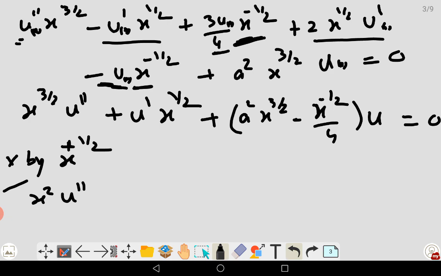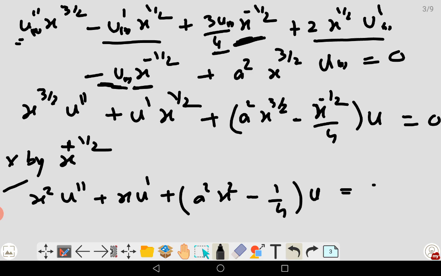Yes, multiply by x power 1 by 2. First term will be 3 by 2 plus 1 by 2 will be 4 by 2, 2. Second term will be x into u prime. Third term will be a square x square minus 1 by 4 u is equal to 0.